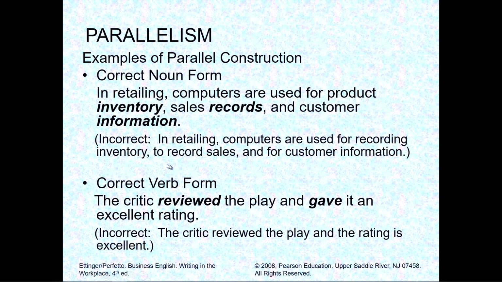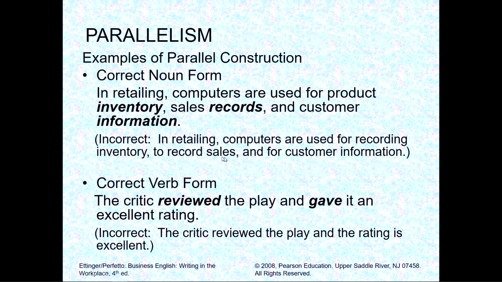Okay? Also incorrect. In retailing, computers are used for recording inventory. Now, if you change the phrase to some kind of clause or phrase, that also is wrong because they're not parallel. Are used for recording inventory, to record sales, and for customer information. For, to, and for. Here you've got for recording inventory, that's correct.